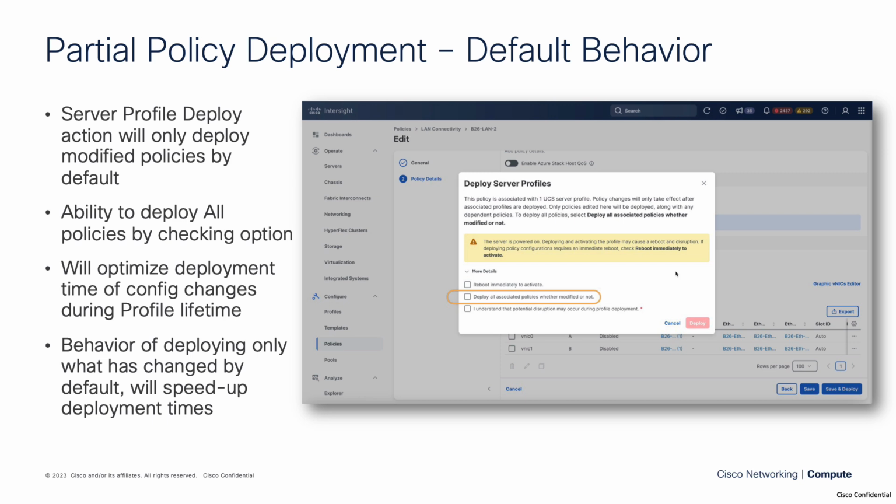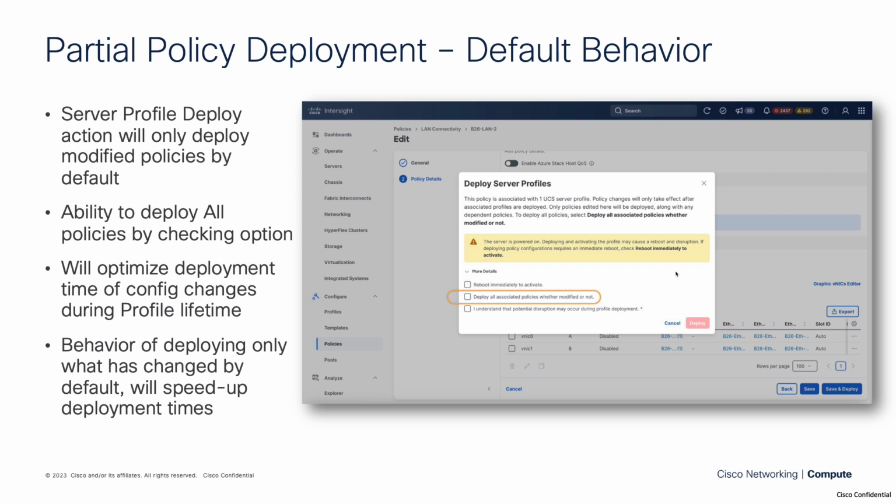So we actually changed the default behavior. The new default behavior is we'll only redeploy the policy that has changed. That's going to greatly shorten the amount of time to deploy policies, to deploy the server profile. And then we present the capability, as you can see in the screen snap here that's highlighted.